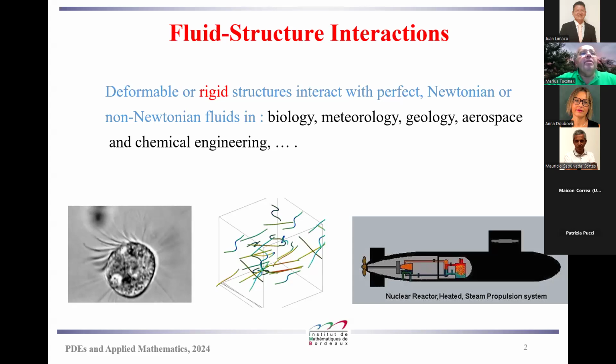First, the swimming of aquatic microorganisms. This is a kind of ciliate organism in the left picture. It's a very fascinating phenomenon, which will be discussed briefly in this talk.